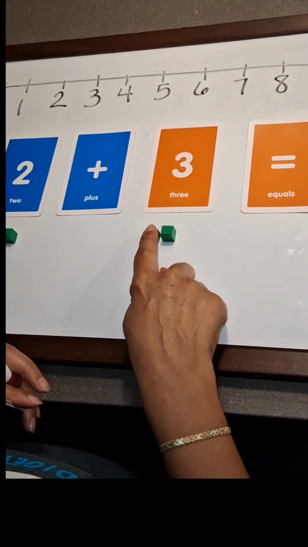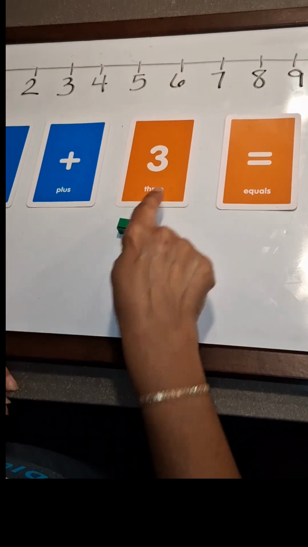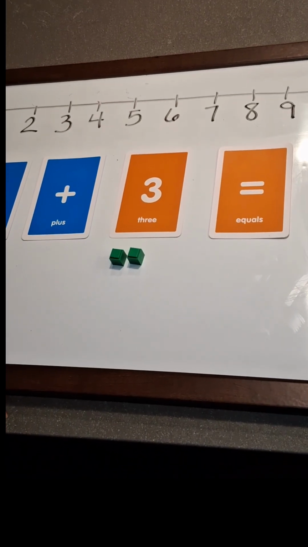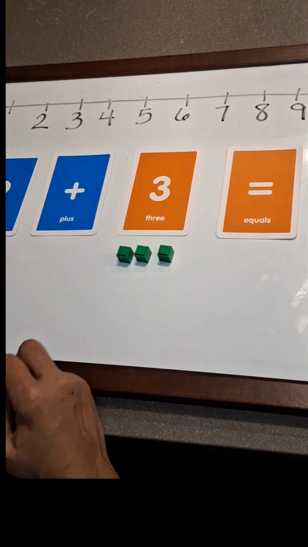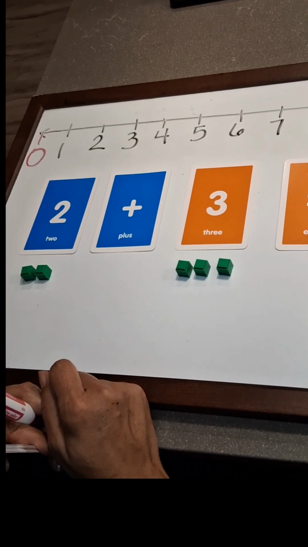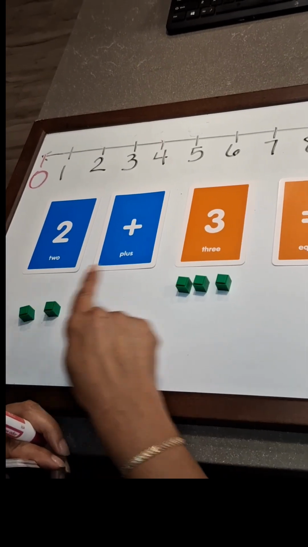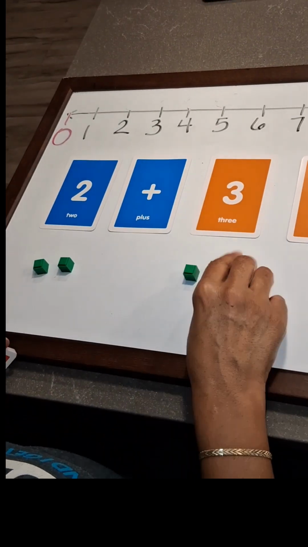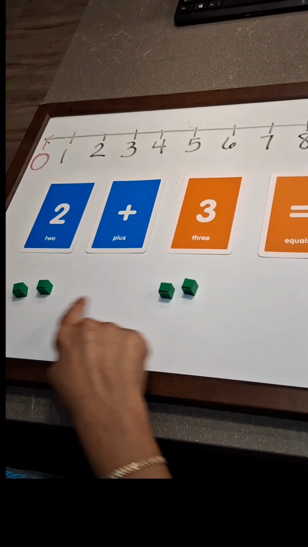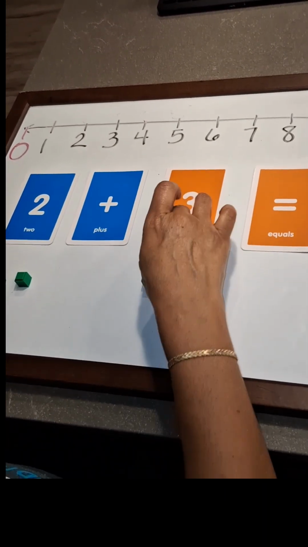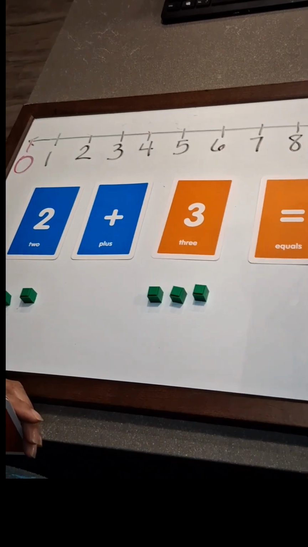But that doesn't match, does it? What should that be? A 3. That should be 1 more. Good job. So what's the 2 plus 3? 5. 1, 2, 3, 4, 5. I think you were saying 4 because you were thinking of the double 2. That would have been 4, but we're going to add 1 so that matches. That's going to be 5.